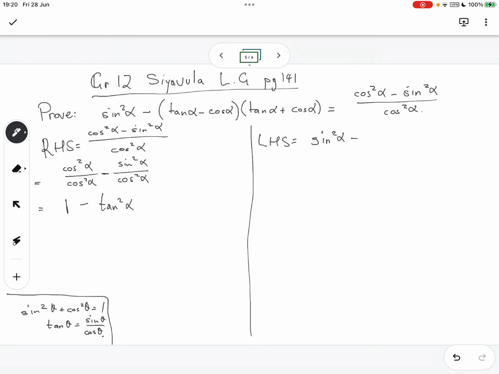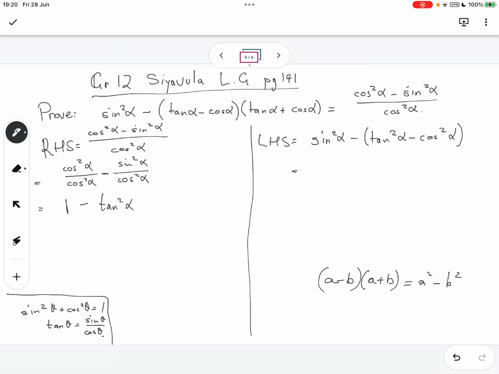And if we have an expression that looks like a minus b times a plus b, this equals a squared minus b squared. So here that means we will have tan squared alpha minus cos squared alpha.